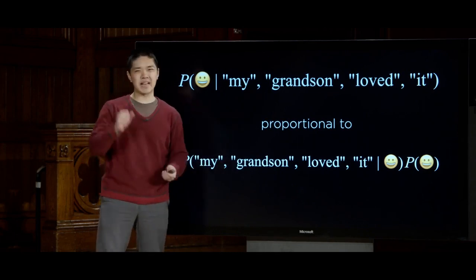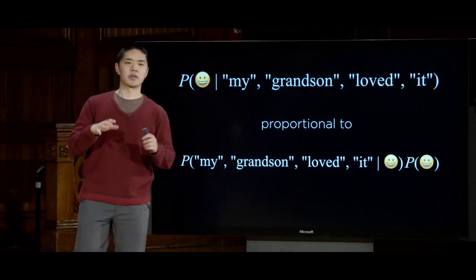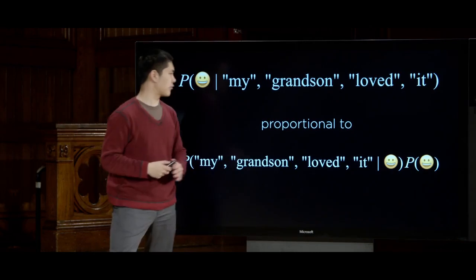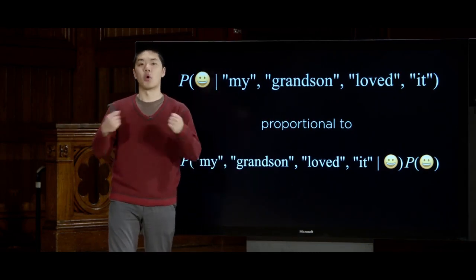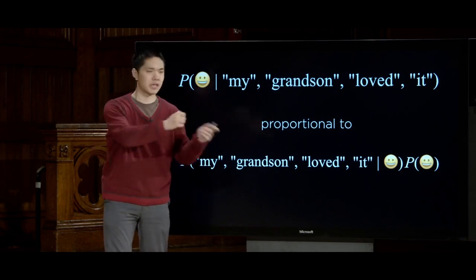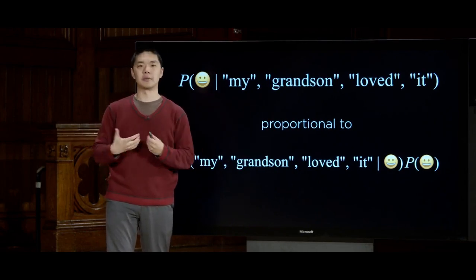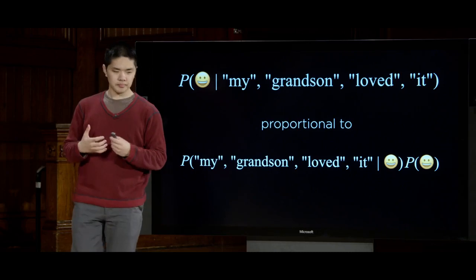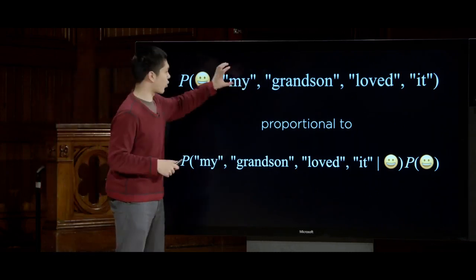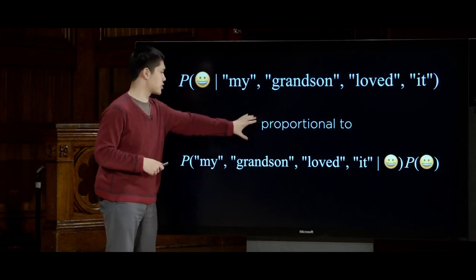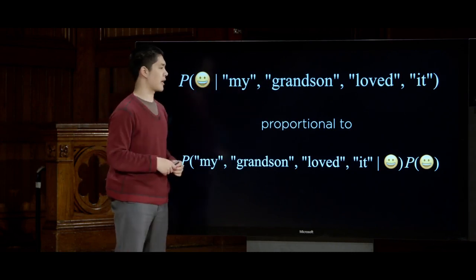Using the denominator would get us an exact probability, but what we'll really just do is figure out what the probability is proportional to, and at the end we'll have to normalize the probability distribution. Make sure the probability distribution ultimately sums up to the number 1. So now I've been able to formulate this probability, which is what I want to care about, as proportional to multiplying these two things together.